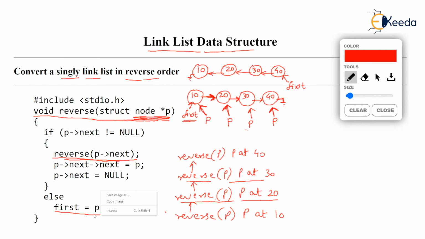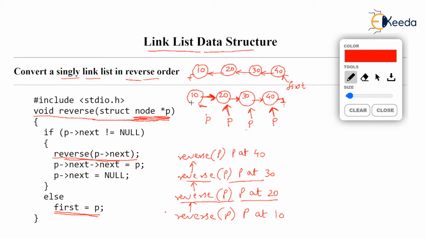Now this is nothing but pointer becomes equal to pointer. A layman will read this line as: first should point to the same node where P is pointing. So first will discontinue to point where it was pointing. Am I right? First will discontinue to point where it was pointing. First was pointing to 10, isn't it?